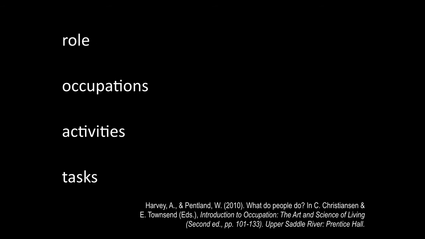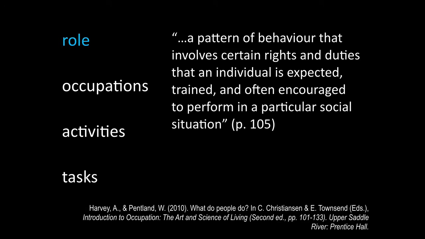So in the Harvey and Pentland book, they distinguish between roles, occupations, activities, and tasks. And these are the things I want us to think about a bit more. Role, in the way it's used in this book, is, as it says in the chapter, a pattern of behaviour that involves certain rights and duties that an individual is expected, trained, and often encouraged to perform in a particular social situation.